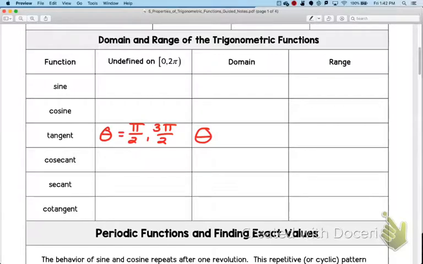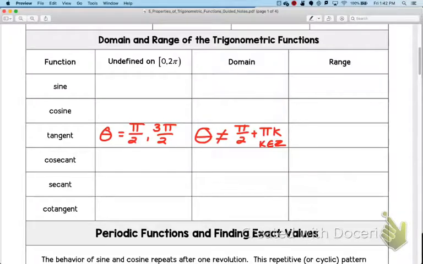So how do we write that out as the domain? My theta cannot equal 1/2 pi plus pi times some number k, where k is an integer, because I can multiply pi by any integer, and that would get me to that undefined part on my graph.